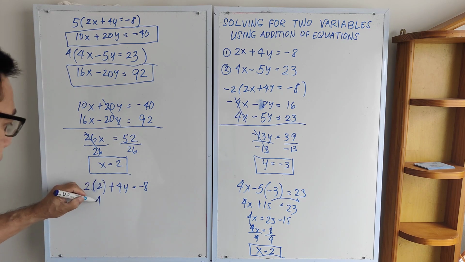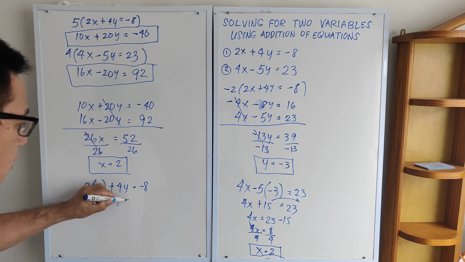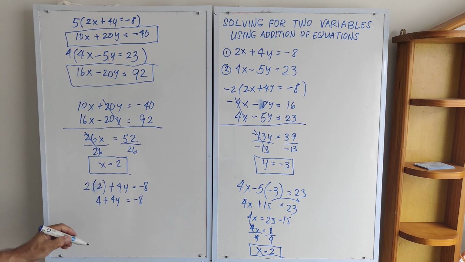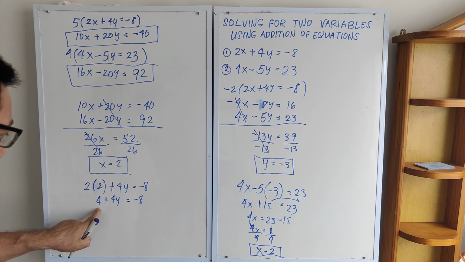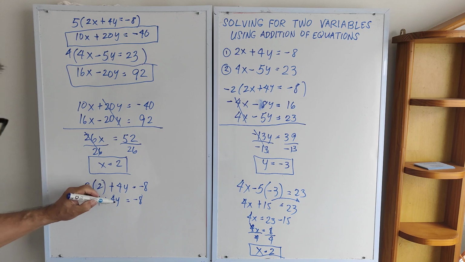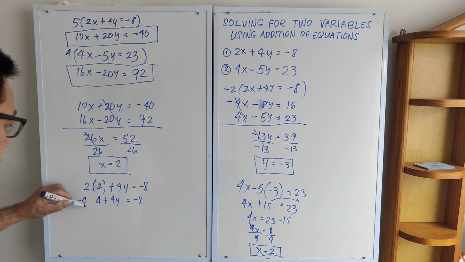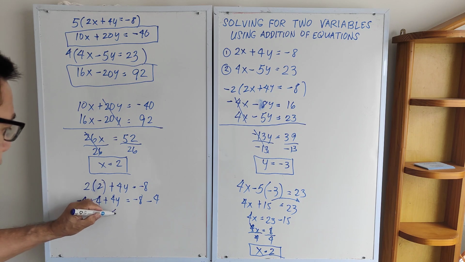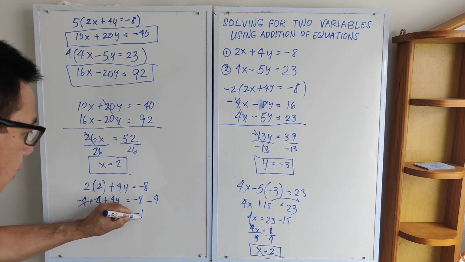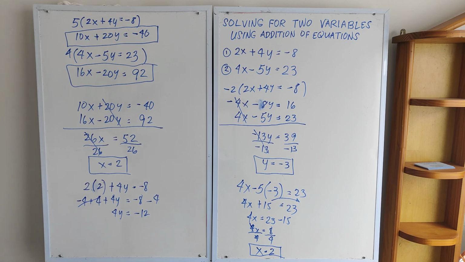So 2 times 2 is 4, plus 4y is equal to negative 8. We want to isolate y, so to remove 4, we have to subtract 4. This will cancel out. We have 4y is equal to negative 12.